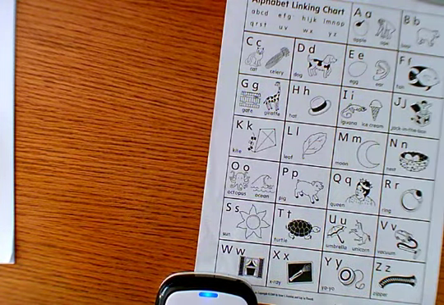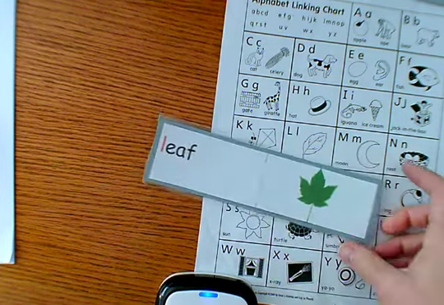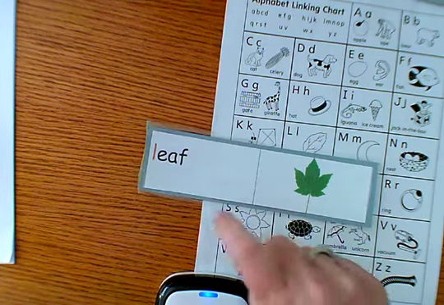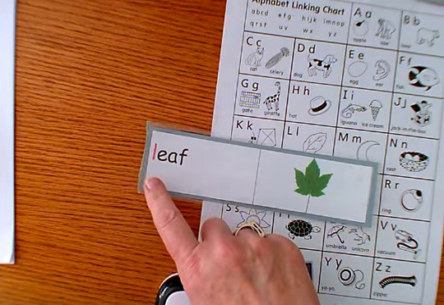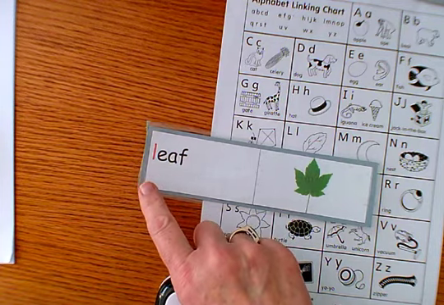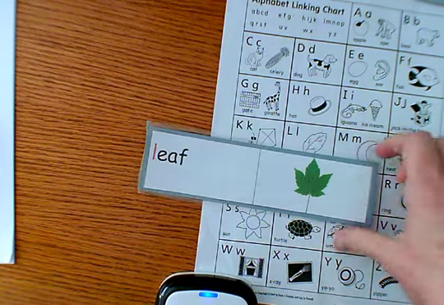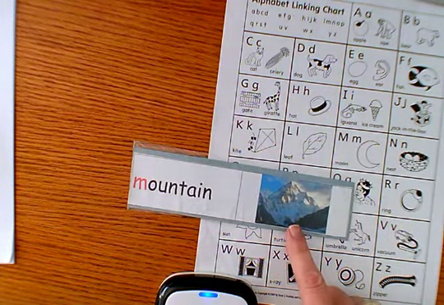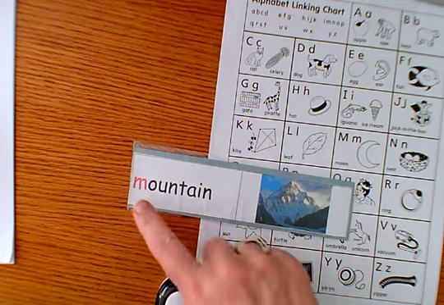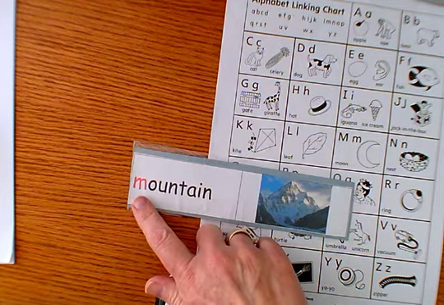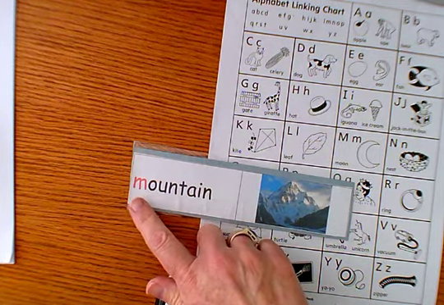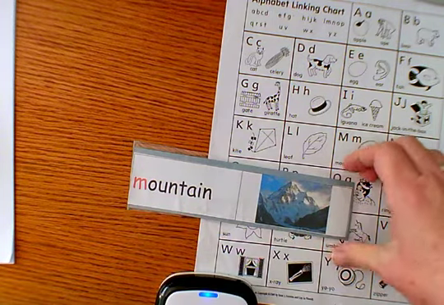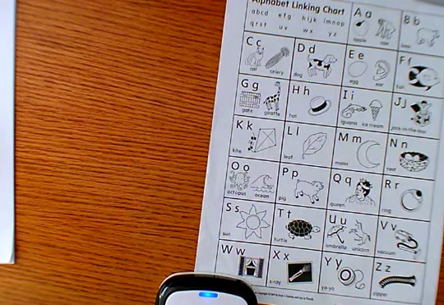A. A leaf. L. This is a picture of a mountain. M.